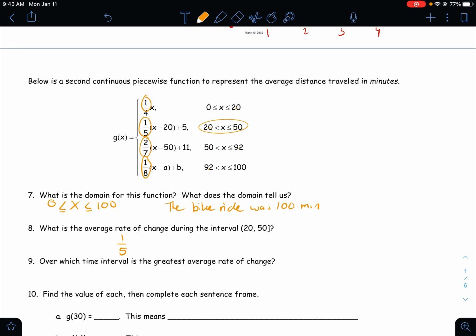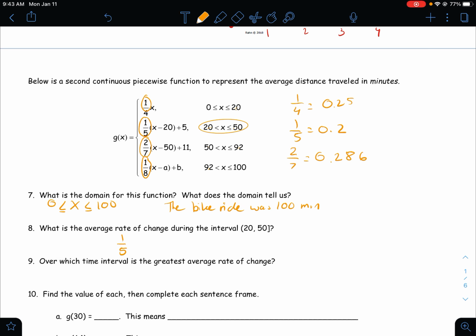Now, I feel like a lot of times people have a hard time comparing fractions. So let's change them to decimals. 1/4 is equal to 0.25. 1/5 is equal to 0.2. 2/7 is equal to 0.28, and we'll round to 6.